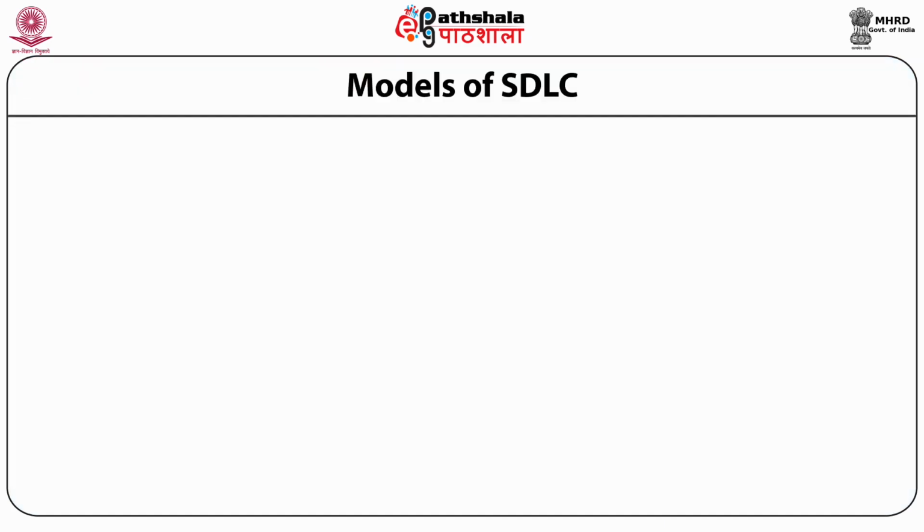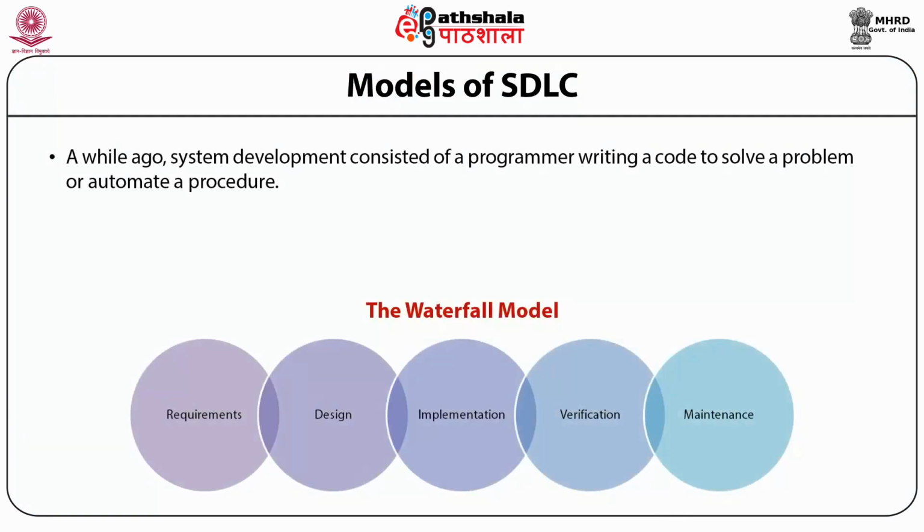We now discuss different models of the system development life cycle. A while ago, system development consisted of a programmer writing code to solve a problem or automate a procedure.